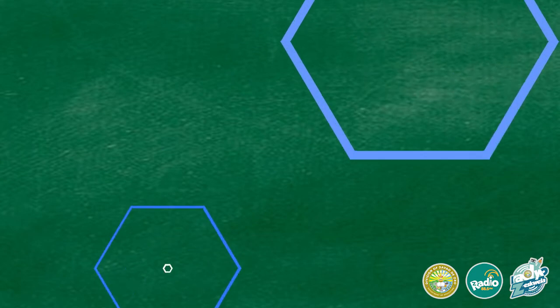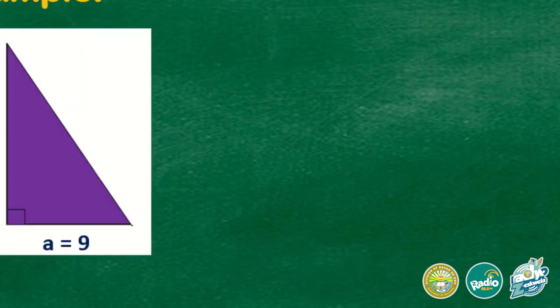Did you get the process? Very good. Let us try another example. Given that a equals 9 and c equals 41, what is the measurement of b? In this case, we are looking for the measurement of one of the legs, which is b.